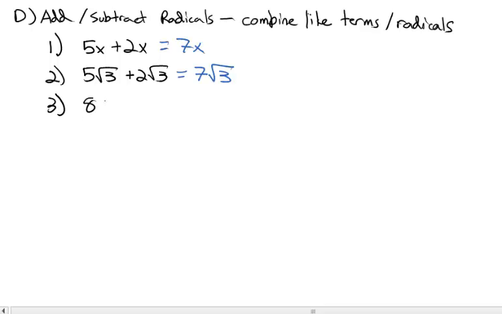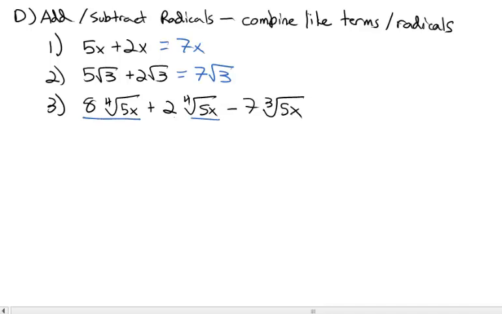So if we've got 8 times the 4th root of 5x plus 2 times the 4th root of 5x minus 7 times the 3rd root of 5x, we look for like terms in order to combine them.